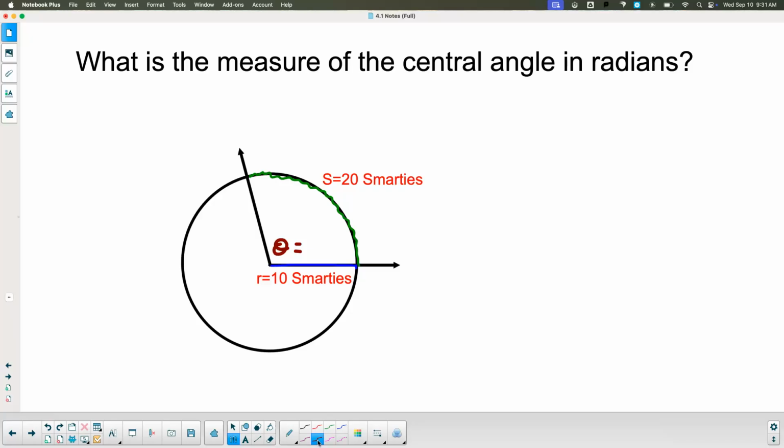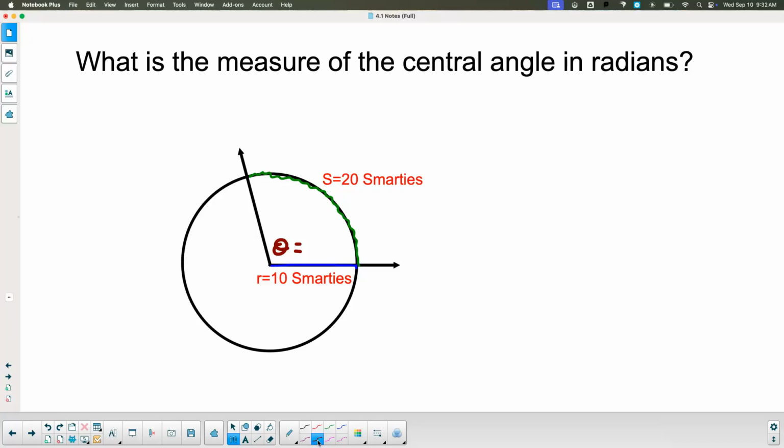If my arc length is 20 Smarties long and my radius is 10 Smarties, how many radians would that be? Let me say that in a different way. How many radii, because that's the plural of radius? How many radiuses did we go to get the green? We went 2, right?